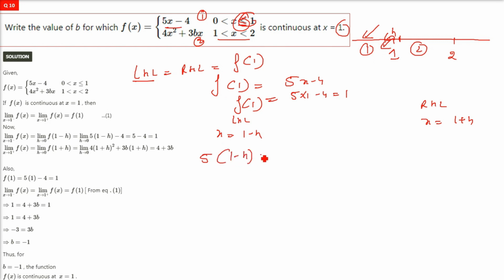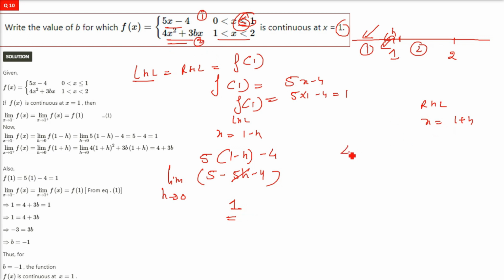So I'm replacing this 1 minus h in 5 into (1 minus h) minus 4 because we have to take the first function, since we are going on the back side of 1. Let us apply the limit, h tends to 0. 5h is 0, 5 minus 4 is 1. So left hand limit is 1, which is equal to f(1) also.